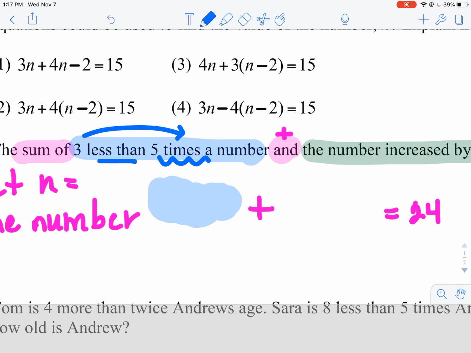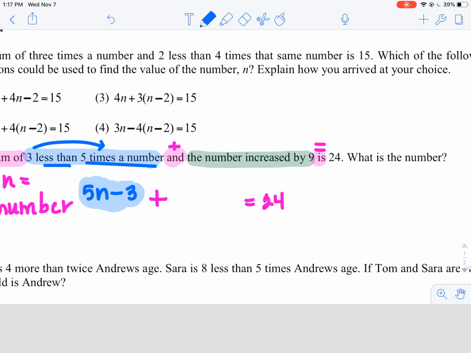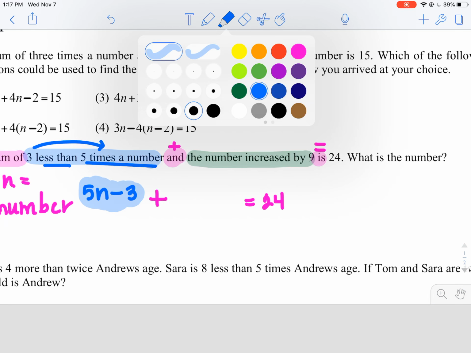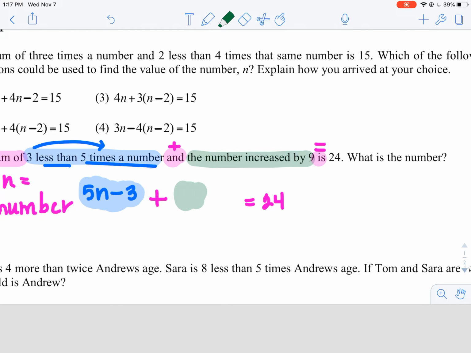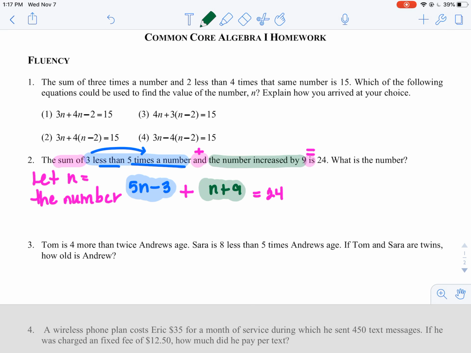So it's going to be 5 times a number minus 3. So that's 5n minus 3. And what are we adding to it? We're adding the number increased by 9, which would be n plus 9. And now you can go ahead and solve for the number.